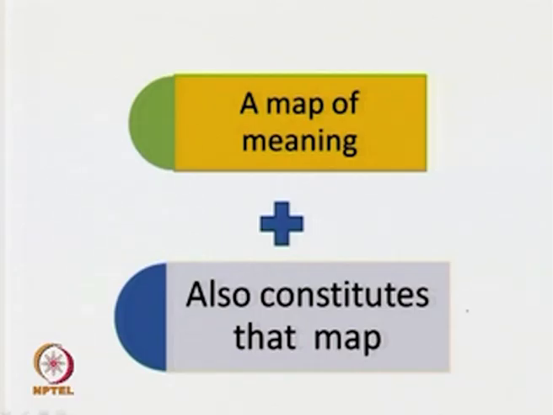As we remember, we had talked about representation being a map of meaning, pointers to meaning, but the second point, often reiterated by theorists and practitioners of cultural studies, is this: that representation also constitutes that map. So, it is like what we call the recto and verso sides of a piece of paper.